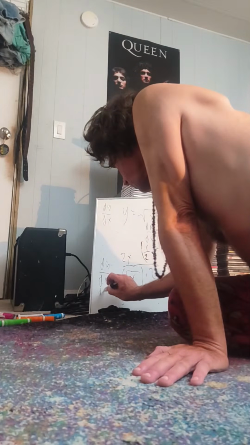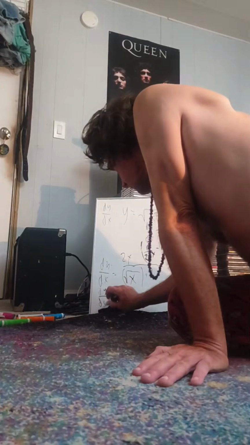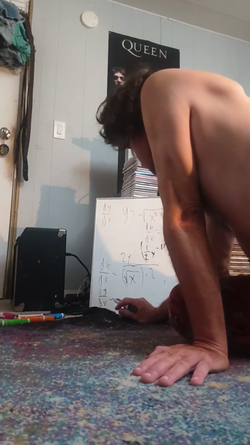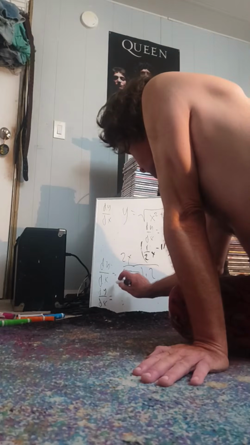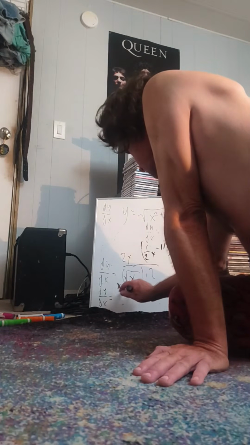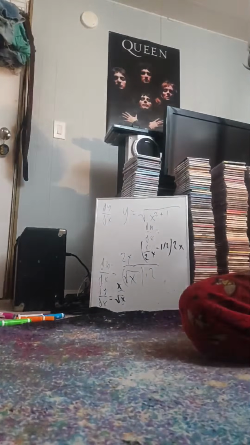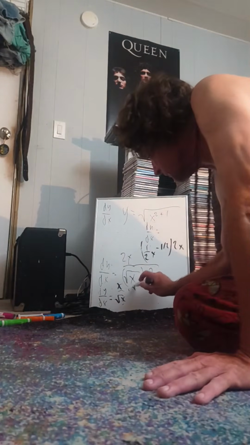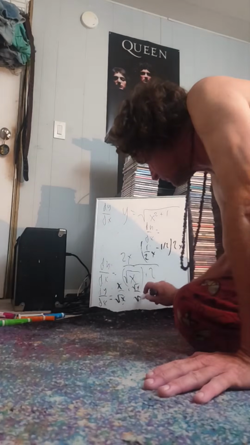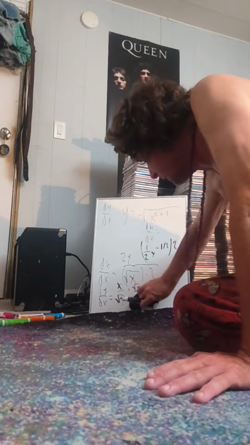dy/dx equals x over square root of x. Multiply both top and bottom, or numerator and denominator, by square root of x. I write like crap, of course.